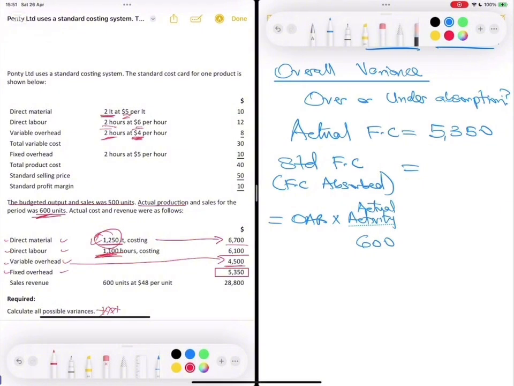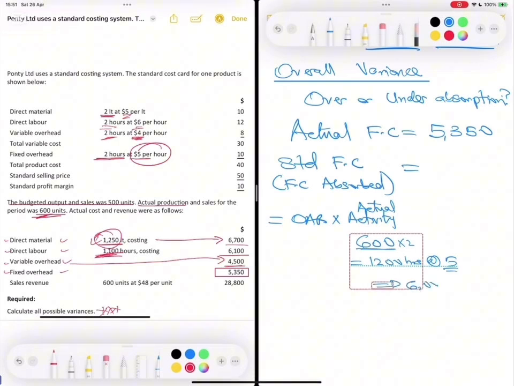So if we produce 600 units and our fixed cost overhead rate is 2 hours at $5, then 600 units times 2 hours equals 1,200 hours. The overall absorption rate is $5, which means the standard fixed cost, or fixed cost absorbed, is actually equal to 6,000.